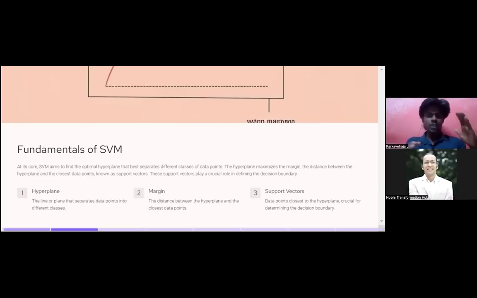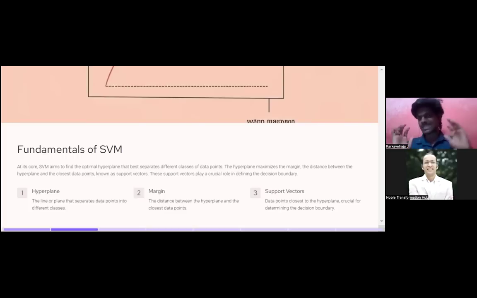So guys, this is a simple thing. If you think about support vector, just think of it as having a hyperplane that is a straight line. It is going to divide two different classes. The data points that are very close to the hyperplane from class A and class B are the support vectors.